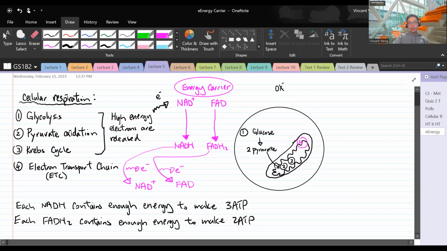But what does oxidation mean? To oxidize is to lose electrons, right? Oxidize means loss of electrons. And over here, it's a gain. Right, exactly. So this is picking up electrons, so this is reduced. And then when they get to the fourth step, they are oxidized, because they let the electrons off, right?